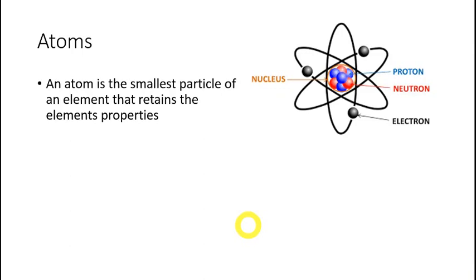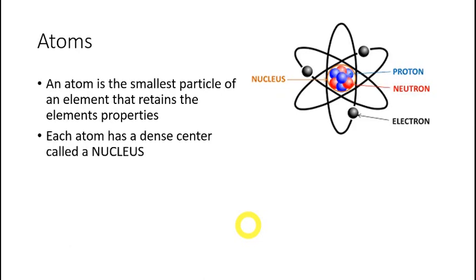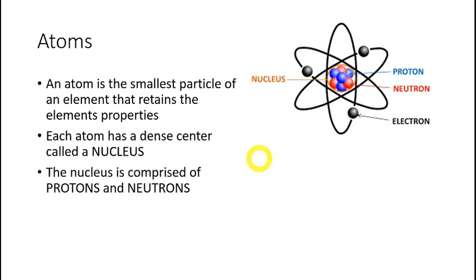Okay, and that's going to be a little clearer when we talk about the components of an atom here in just a moment. So first, when we look at an atom, we have this nucleus here, and in this case it has some blue and red spheres in the middle, and it's a densely packed center of an atom.